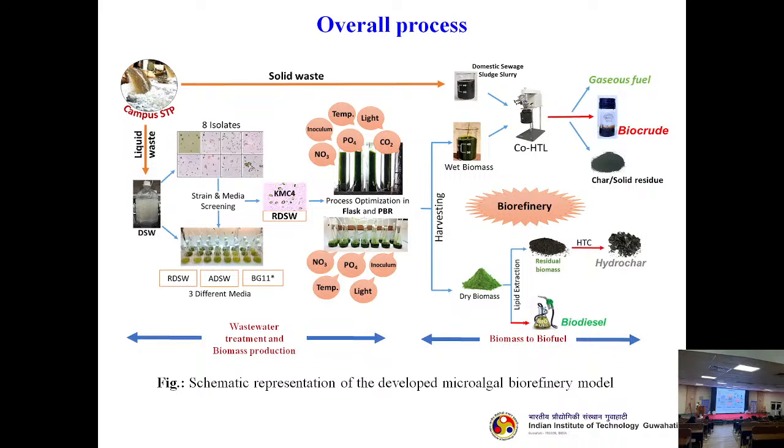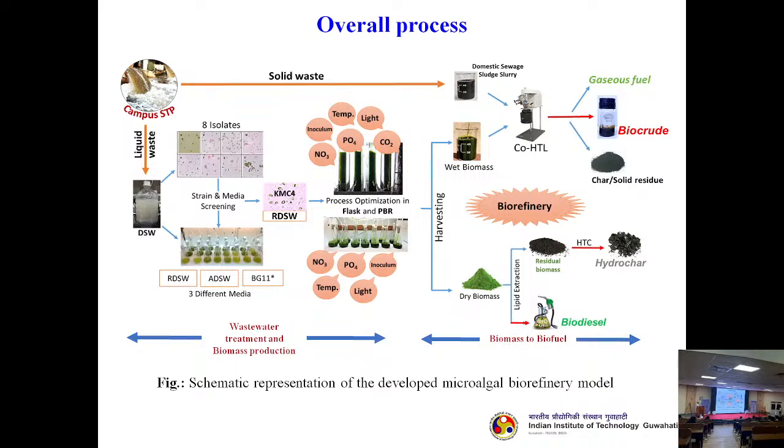So you can see that overall we are treating the solid waste, we are treating the liquid waste because we are growing algae over there. One part is done, that is bioremediation. So we are getting treated water, and that treated water we are again recycling for the microalgae culture purposes.